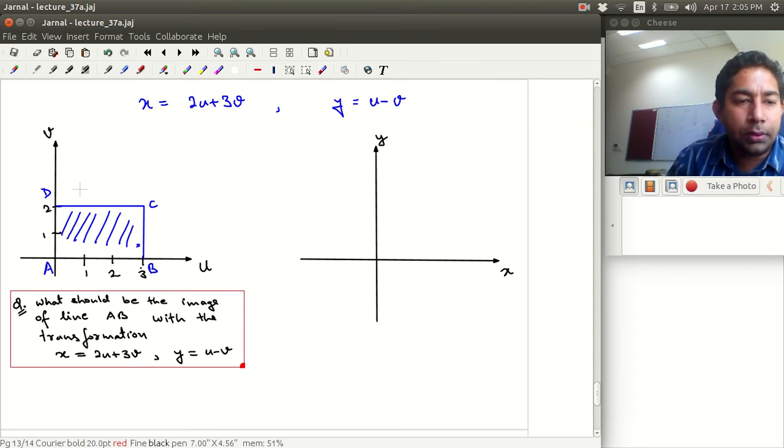So what do we know about AB? The line AB is on the uv plane. On the line AB, we can see that v has to be 0.